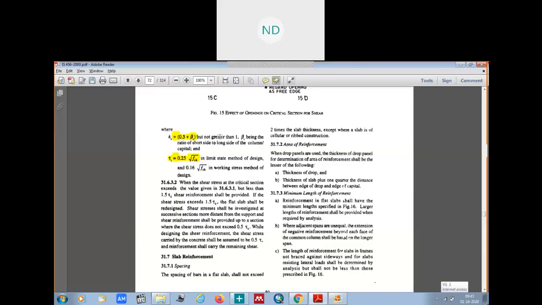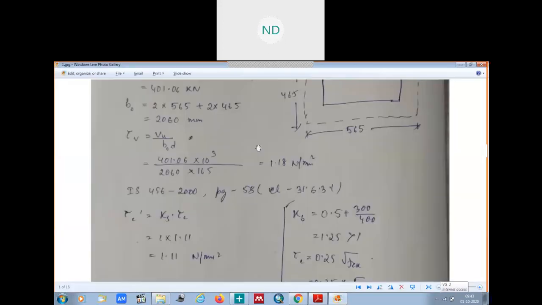But here it is mentioned that beta c, but not greater than 1, being the ratio of the short side to the long side of the column or capital. So we will place this 0.5 plus 0.75, we got it to be 1.25. So it is greater than 1.